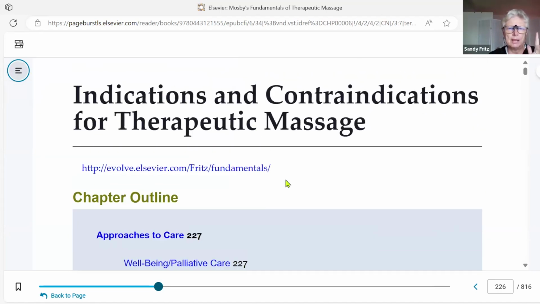So as I give you guidance on this chapter, as far as the NBLEX exam is concerned, this is probably one of the more important chapters.